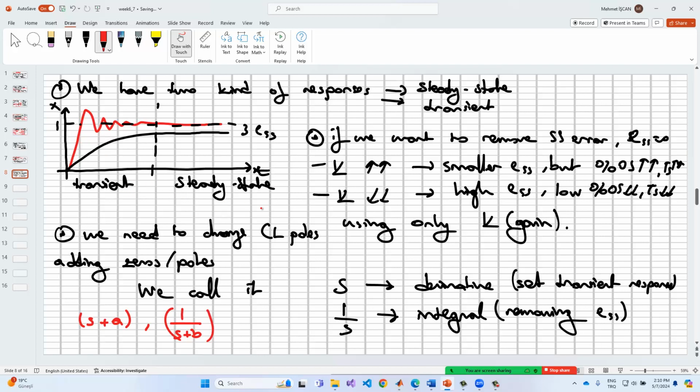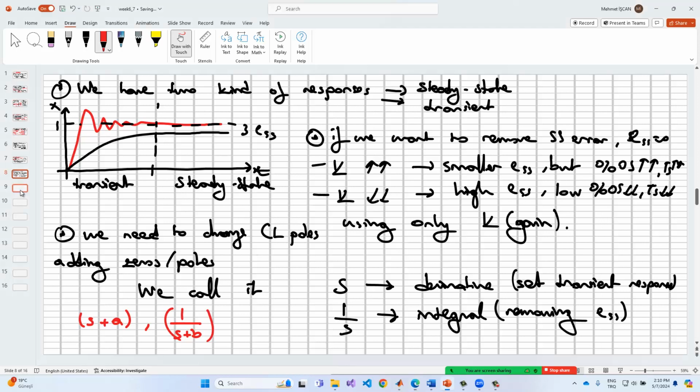The transient and the steady state at the same time. But if we use only the gain, we can't do that. We cannot reach all the poles or the system values in here just like these ones, okay?